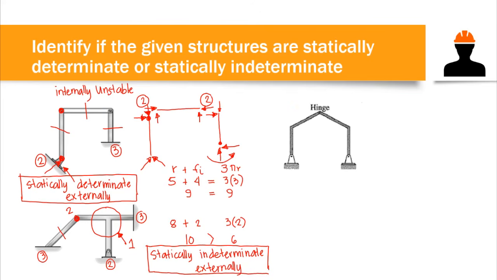Take note, we have an internal hinge, and if we detach it from the support, then this leg here would deform freely if we do not have support. So that means this one is an example of an internally unstable structure.